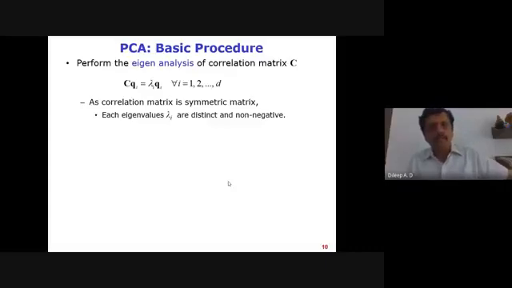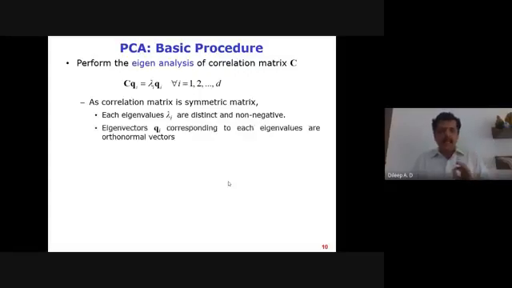When you perform the eigen analysis on a symmetric matrix, you get non-negative eigenvalues, and the eigenvectors corresponding to them are unit vectors. I'm not going deep into the mathematics, just giving you the definition: the eigenvalues are distinct and non-negative, and the eigenvectors corresponding to each eigenvalue are orthonormal vectors.